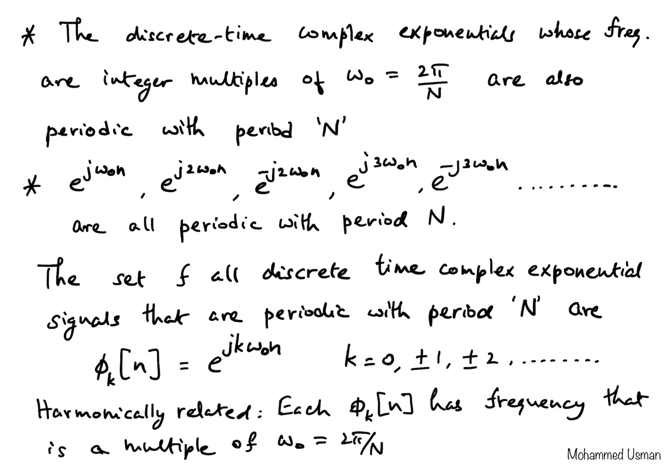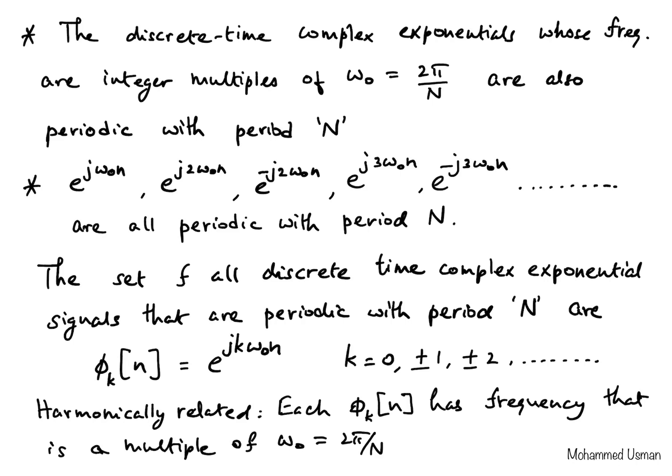And similarly, we can have negative values as well. Minus 2 omega naught is a frequency of minus 2 times omega naught, and minus 3 omega naught is a frequency of minus 3 omega naught, and so on. So all these complex exponentials whose frequencies are integer multiples of omega naught are also periodic with the period N.